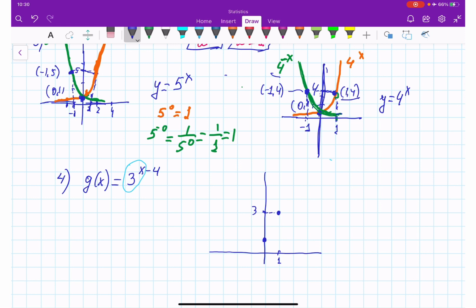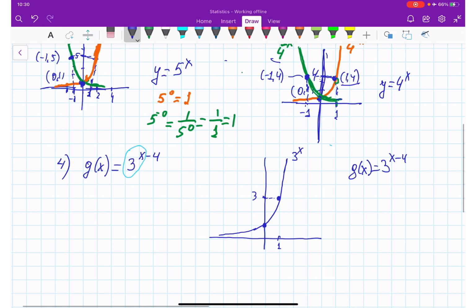Okay. Let me go through this graph. So this is 3 to the power x. Okay, so we have x minus 4. So we have to draw g of x equals 3 to the power x minus 4.